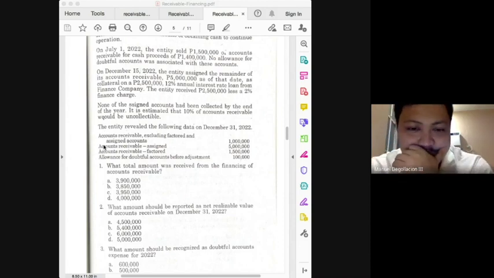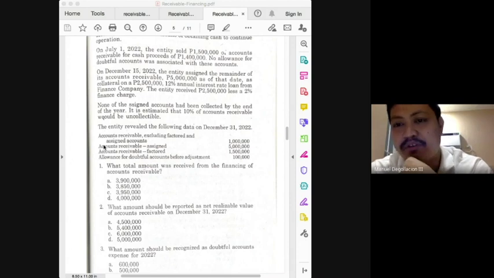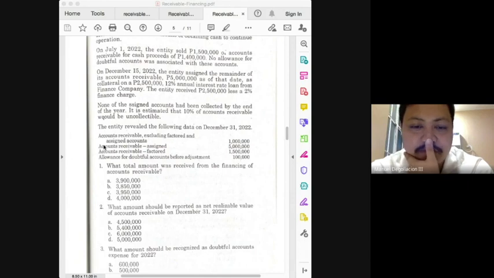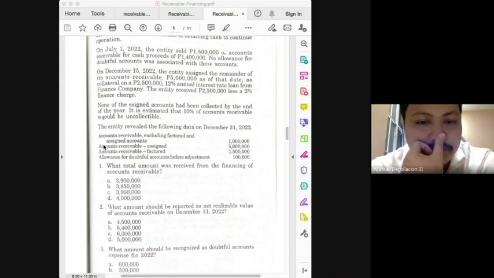So one way of getting this problem wrong, class, is if your total receivables would be wrong. If you included the factored receivable, then of course your allowance would also be wrong. So the receivable here would be 6 million times 10%. That would be our allowance for doubtful accounts.